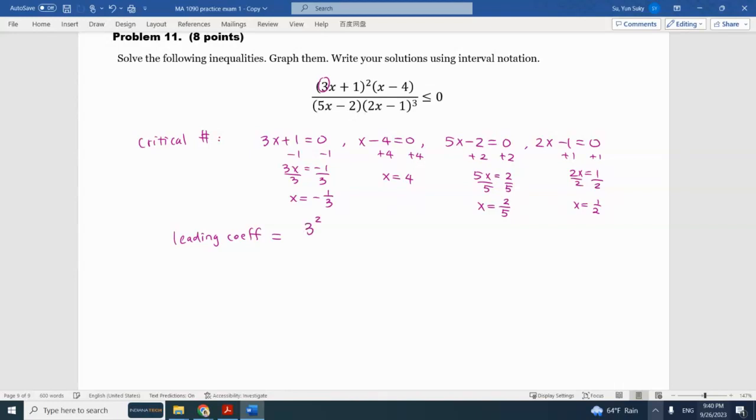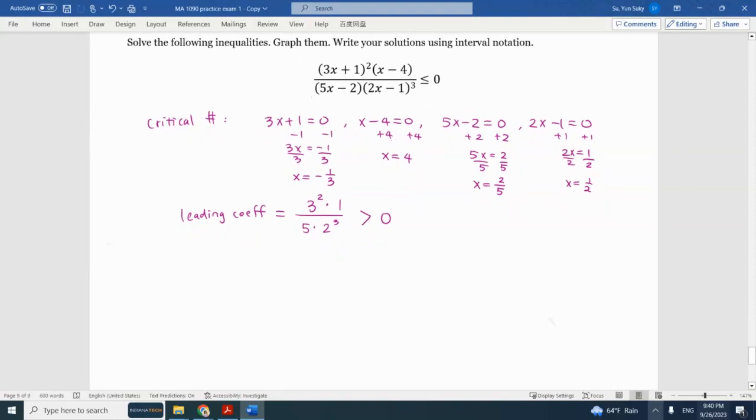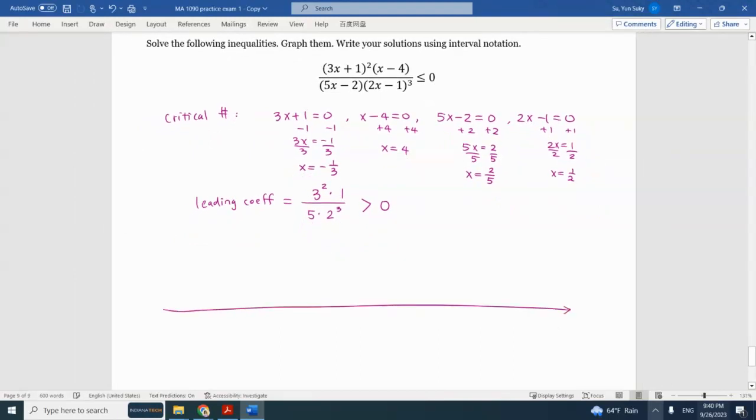So upstairs 3 squared, and then here 1x, so 1 to the power 1, and then downstairs 5x, so the coefficient is 5, times 2x cubed, so 2 cubed. So you find the coefficient of x for each factor, and don't forget the exponent. And here we only care whether it's positive or negative. If it's positive, we start with the right upper corner. Okay? So you draw the real number line, and you want to plot those numbers.